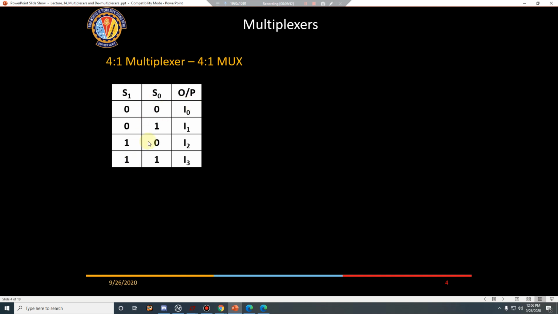So there are two control lines, so you will have 4 different combinations of select, and there is 1 output and 4 inputs. With these combinations you will select one of the inputs. It is very clear from this diagram.